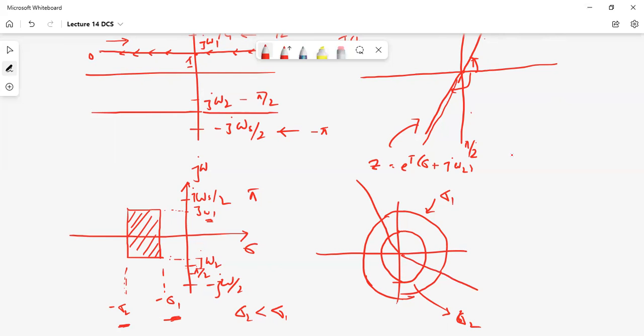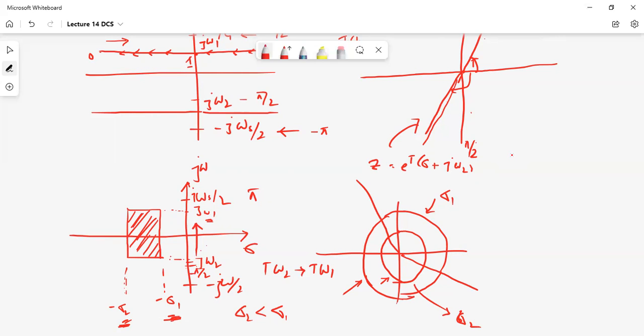What you can see is that the zone here is bounded by these two circles as well as these two angles, from T omega 2 to T omega 1. We know that shifting from one to another is a counterclockwise representation in the z plane.